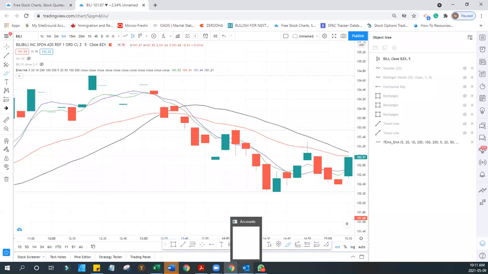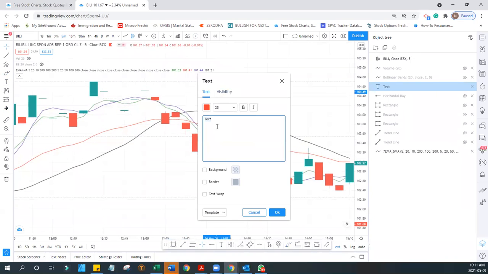Jigar bhai, one question. If somebody is using a longer term horizon, what should be the ideal EMA and SMA? 200, 50, 50, 200. So always remember, for a smaller time frame, 5, 10, 20 EMA is better.